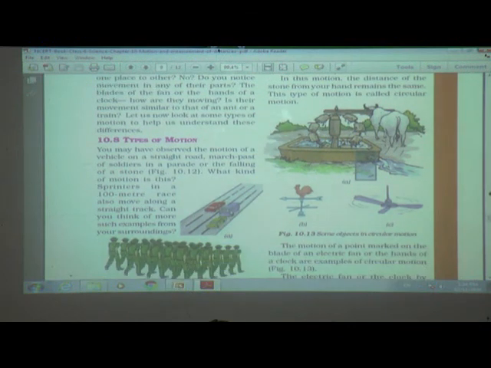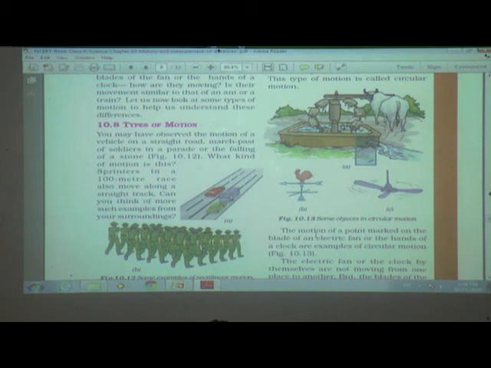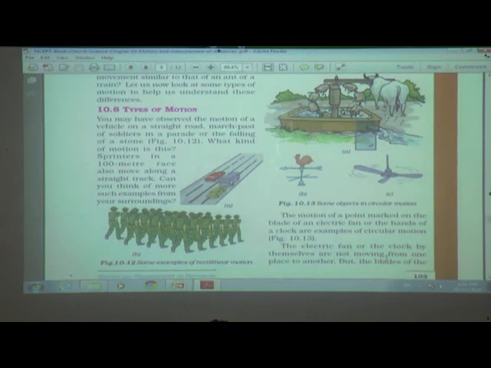So here are some objects in circular motion, you can see it here, figure A, B, C. The motion of a point marked on the blade of an electric fan or the hands of a clock are examples of circular motion.